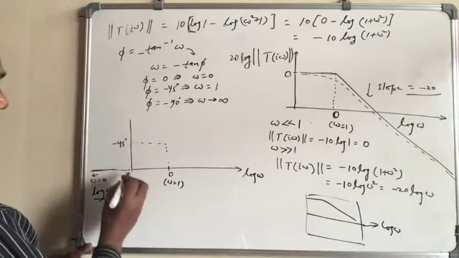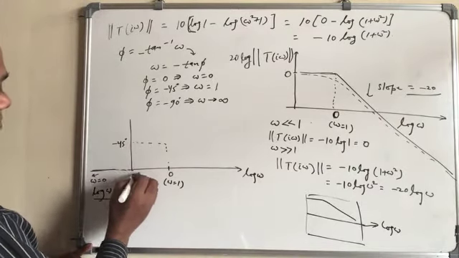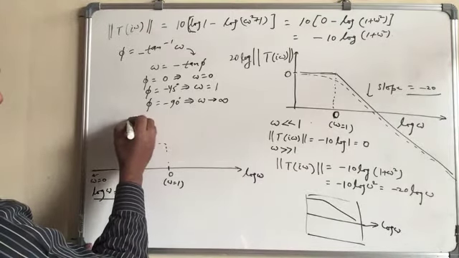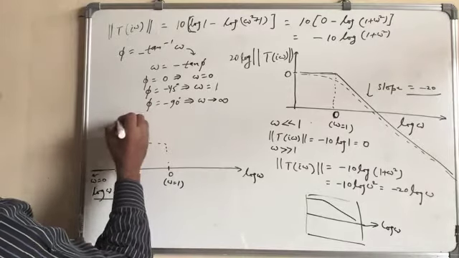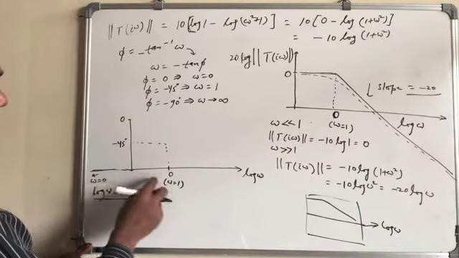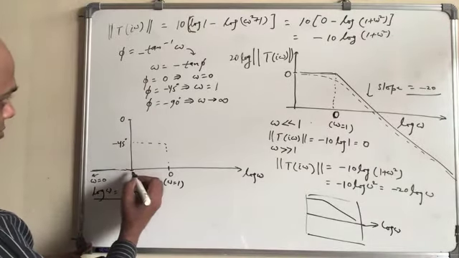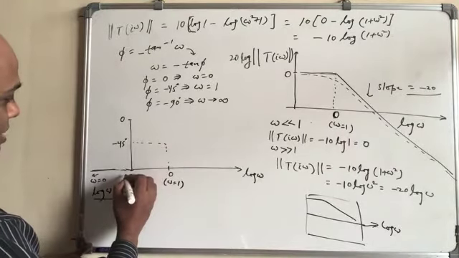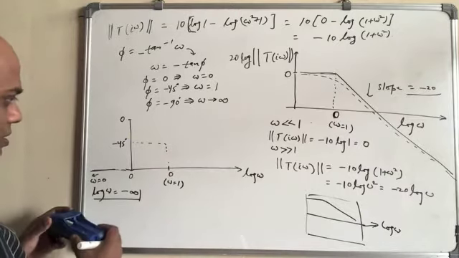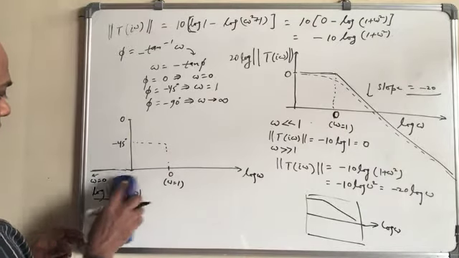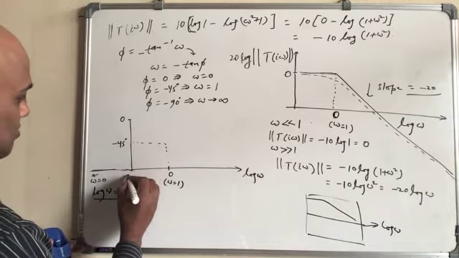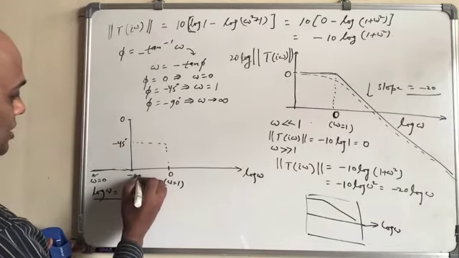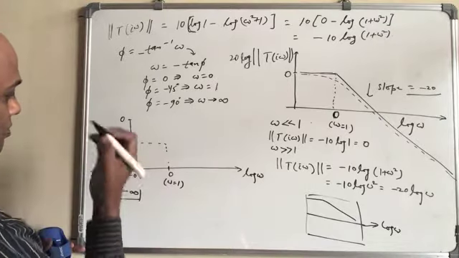So at minus infinity it is going to be 0. At some point, let us say where omega is very, very small, we can start. If this is 0 degree, this could be, let us say, 0.1, minus some value, let's call it like this.